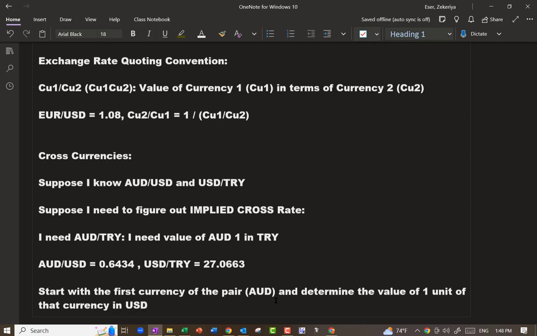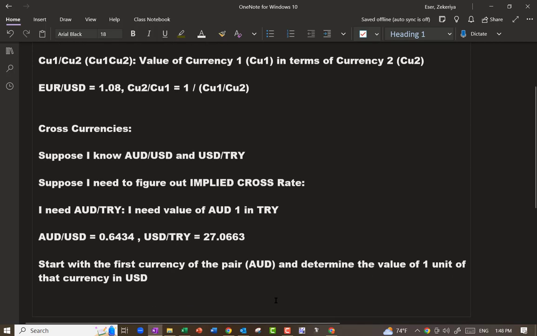So if I give you AUD1, that is equal to USD how much, given this convention? If I give you 1 Australian dollar, how much US dollars will that get you? The answer is right over there. Go ahead.